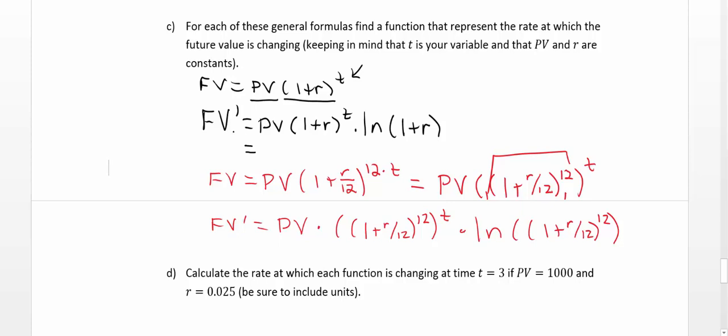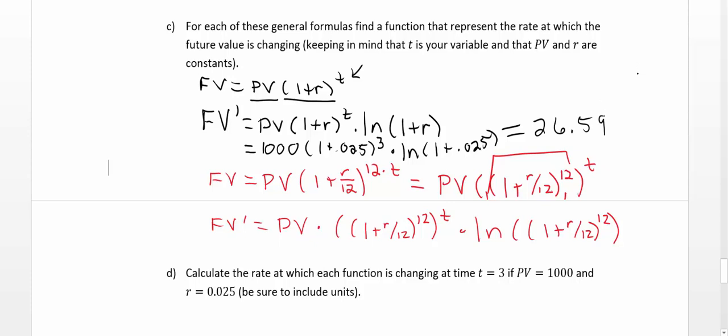So here, if we want to find the rate at which the future value is changing, we'll plug in 1,000 times 1 plus 0.025 cubed times the natural log of 1 plus 0.025. So we plug in all those numbers, we carefully crunch that number in our calculator, and we get 26.59. And that's going to be in dollars per year.